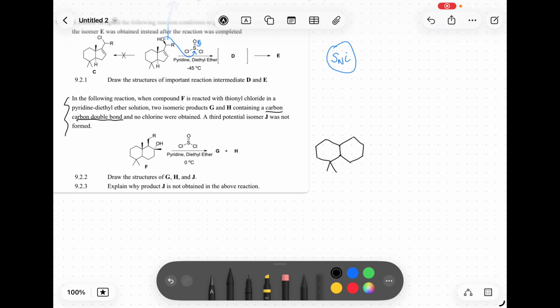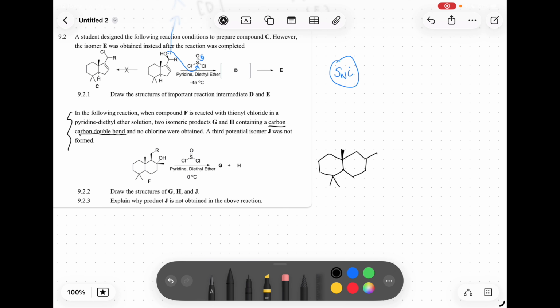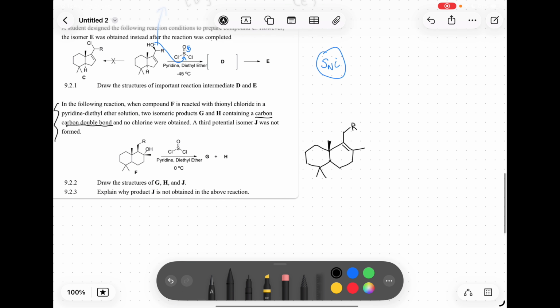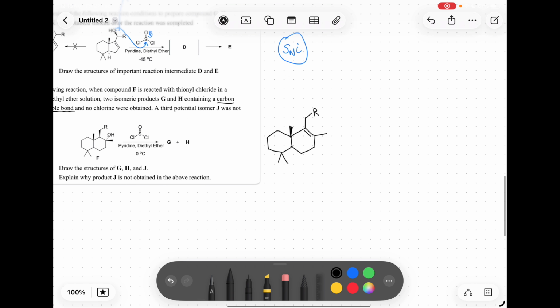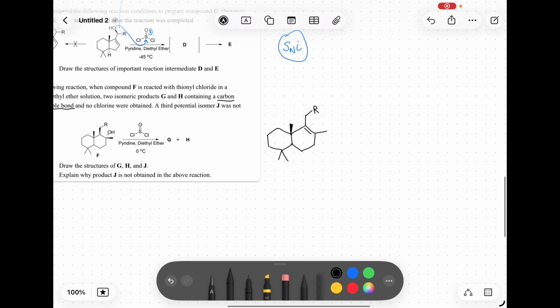So the first structure is, of course, when a double bond is formed here, and then you kind of have this. And then your second possibility is this one. So this still retains its stereochemistry here.